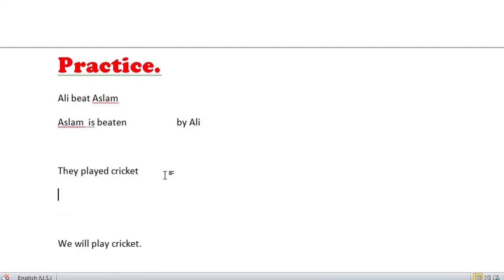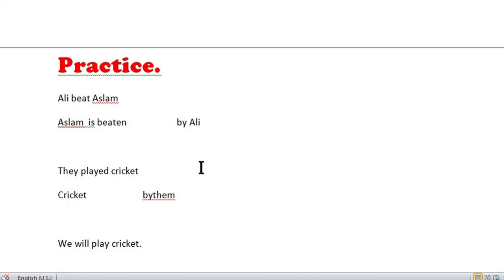They play cricket. Cricket is the object. Cricket comes on the left side, "they" will change into "them", and we have to add "by" with it. Now we have to change the helping verb and the main verb. It's a past indefinite tense. How do we know this?